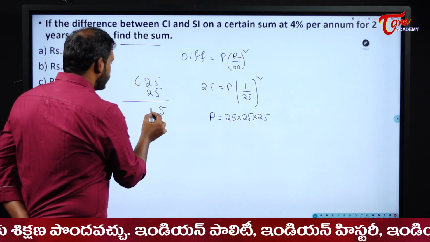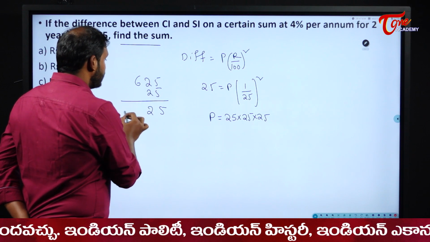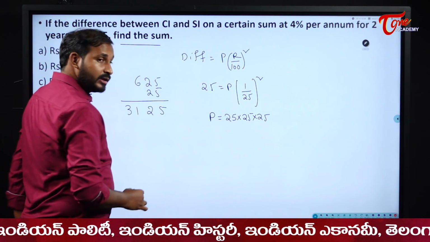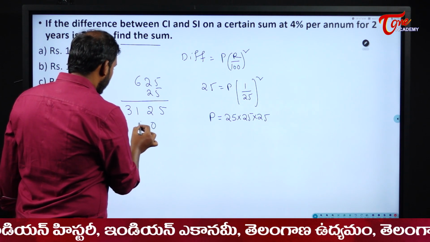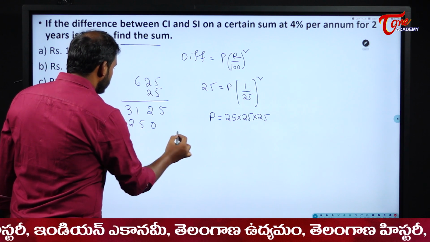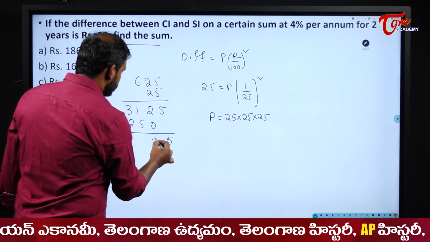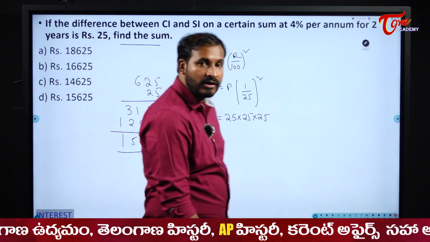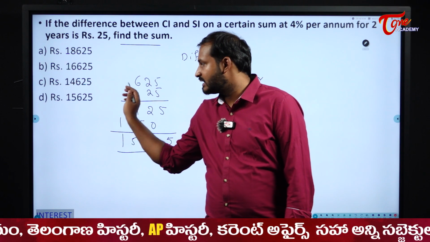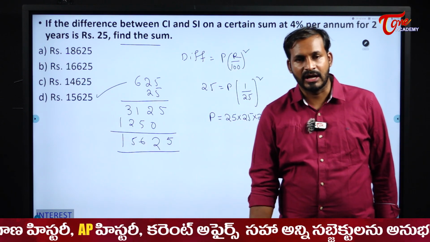Right. Next to 2, it will become 2. Next to 1, it becomes what? 31. Right. Next it becomes what? So 1, 5, 6, 2, 5 will be our answer here.